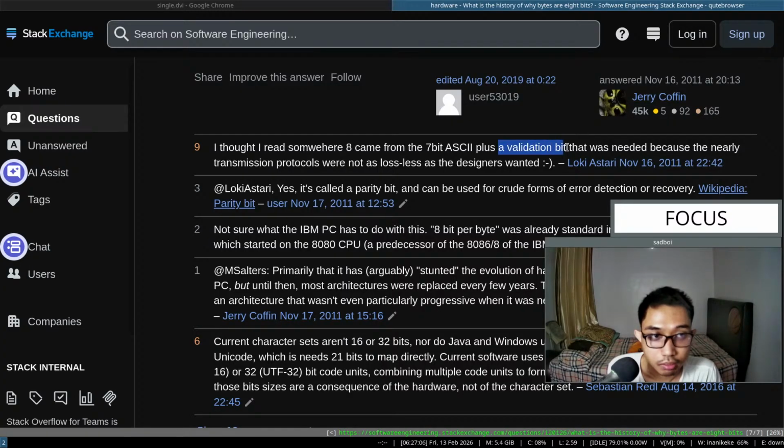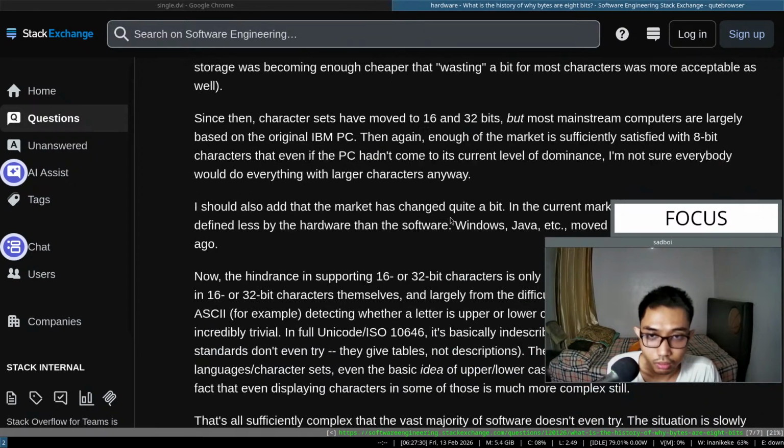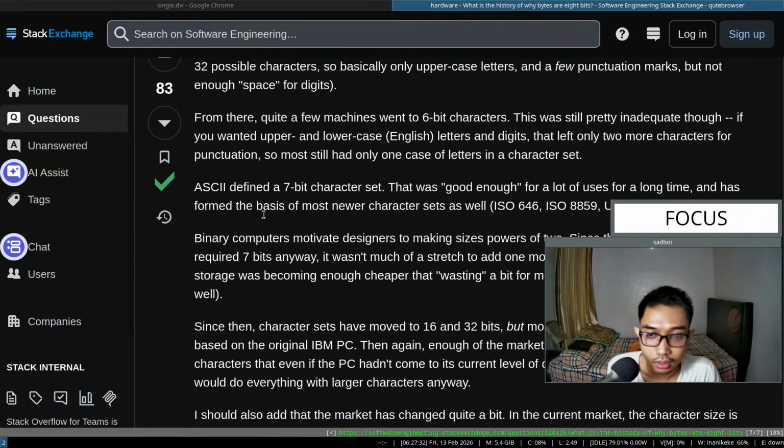Plus a validation bit. The early transmission protocols were not as lossless as the designers wanted. It is called a parity bit, for crude forms of error detection and recovery.